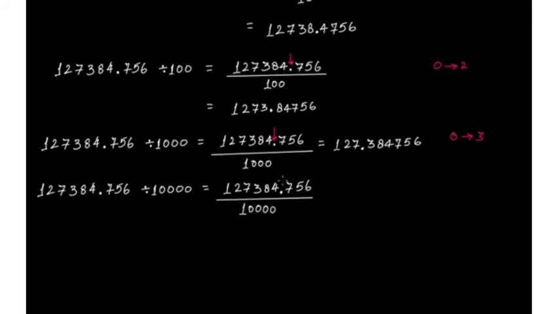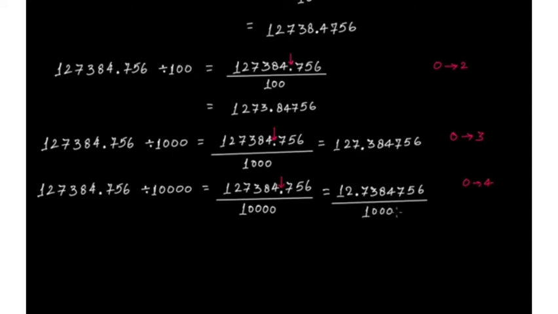Your decimal point is here. How many zeros do we have in 10,000? We have 4 zeros. To the left of this decimal point, starting from the first one, count 4 digits: 1, 2, 3 and 4, that is 7. Place your decimal point just before 7. So this will be 12.7384756.